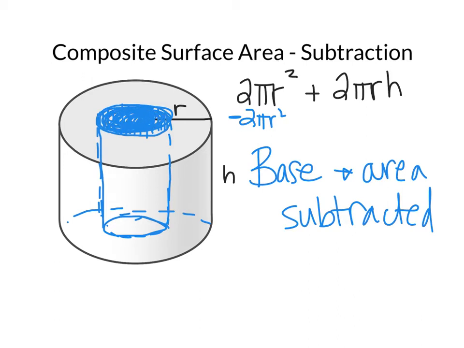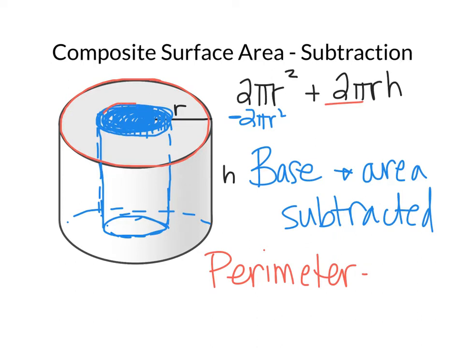But what happens is now we have some more edges. If you physically take your hand along some toilet paper, you can touch this edge right here and make your finger go all the way around the base. That's the perimeter. In addition, you can now touch this one in here. We have all this other surface inside that is also able to be touched.